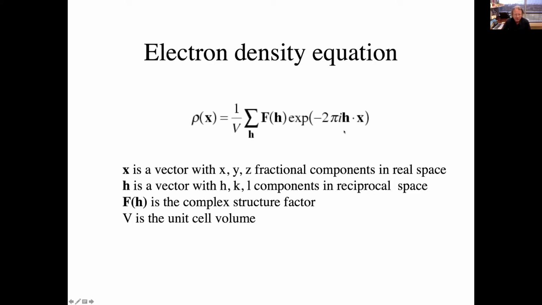So you either have to know the phase angle or how much is real and how much is imaginary to complete this summation. And again, h is bold. This is sometimes hkl, an integer triple, and x is xyz, so that this is the dot product of h and x.